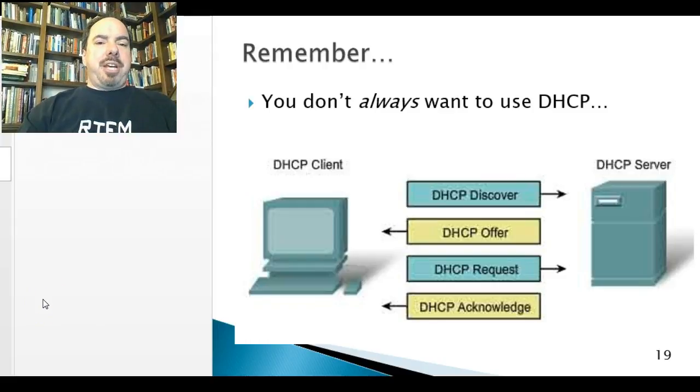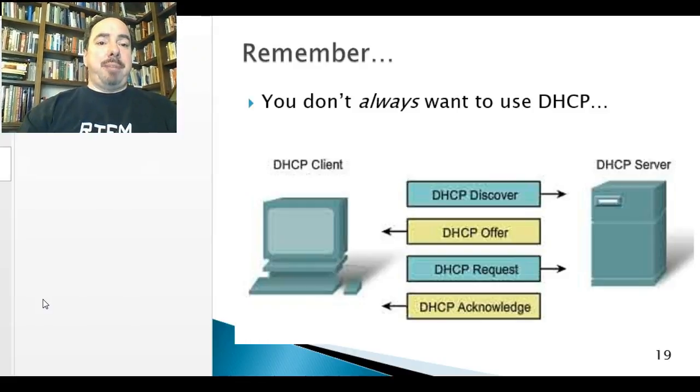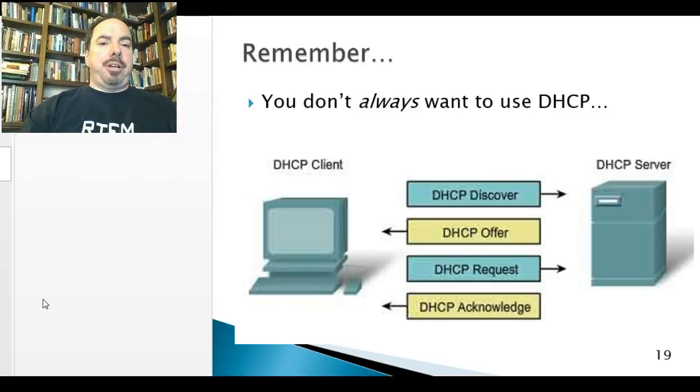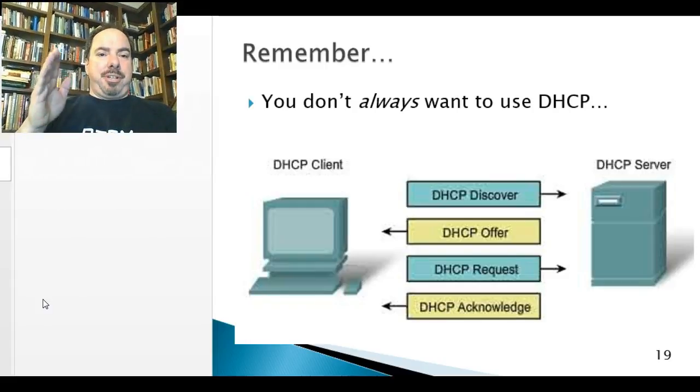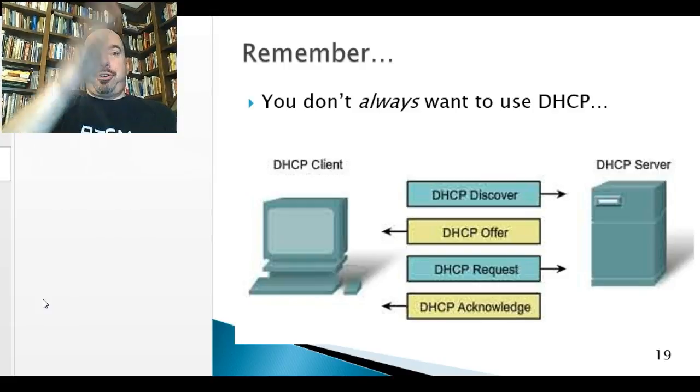Even though DHCP saves us a lot of time as network administrators, there are times when you don't want to use DHCP. You want to disable it, and you want to manually assign a static, as in it's never going to change, IP address to certain devices. Those devices include servers. Servers should have statically assigned IP addresses. Don't let servers pick up dynamic addresses so that they go wandering around the network and you don't know where they are.